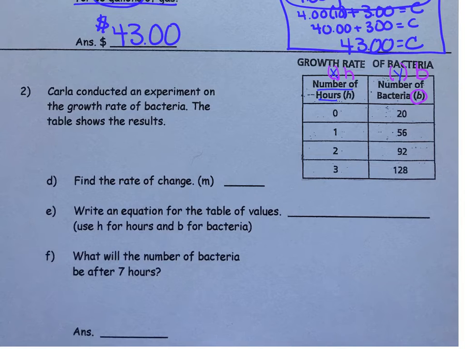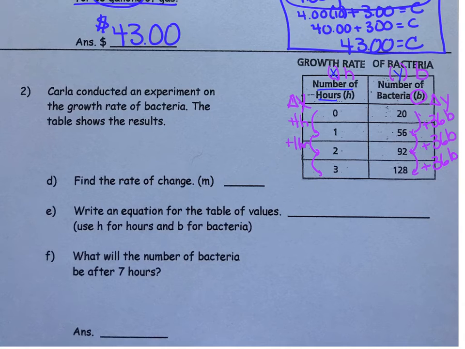Let's see if we can find the rate of change, our delta Y over our delta X. We are increasing by 36 bacteria each and every time. That's our delta Y. Our delta X, we increase by 1 hour each and every time.